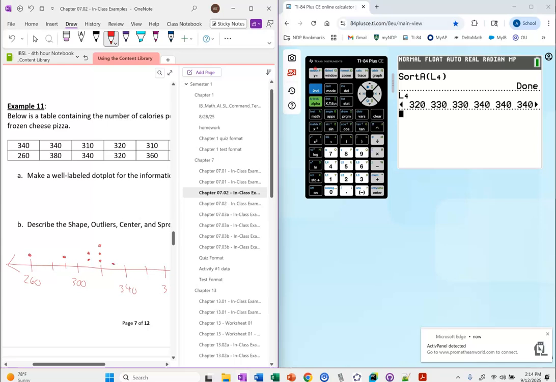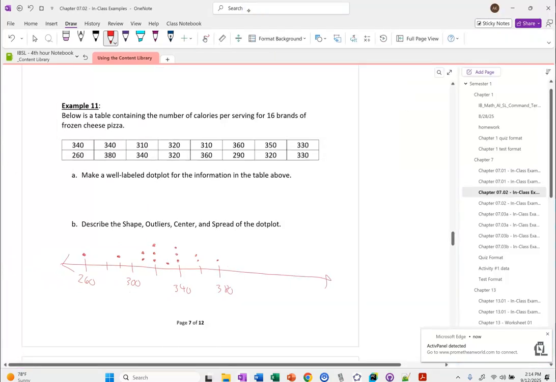I don't even have a problem. That's more embarrassing. So there's our dot plot.